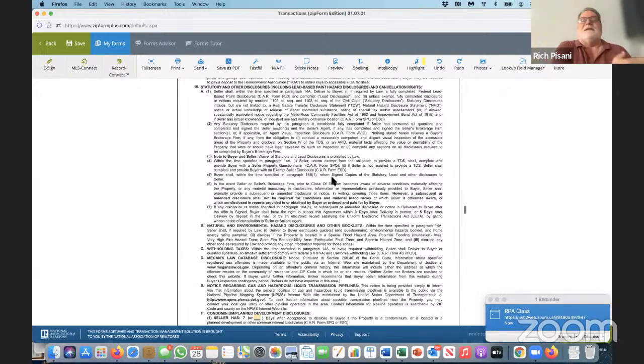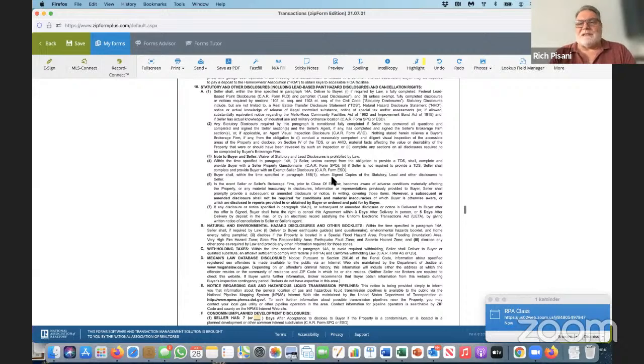Maybe it's a child who lived in the property when they were 15, but now they're in their 40s or 50s. They're a surviving trustee. They are exempt. So probate, surviving trustee, bankruptcy, bank-owned, those are exempt from the TDS.